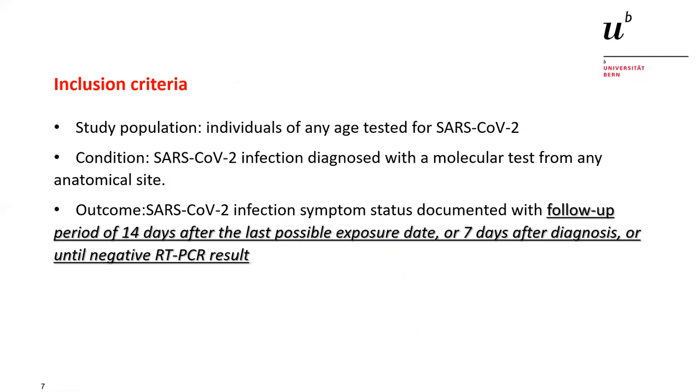And this is very important: we have to find if the study reports our outcome, that is SARS-CoV-2 infection symptom status documented with a follow-up of 14 days after the last possible exposure date or 7 days after diagnosis or until negative RT-PCR result.